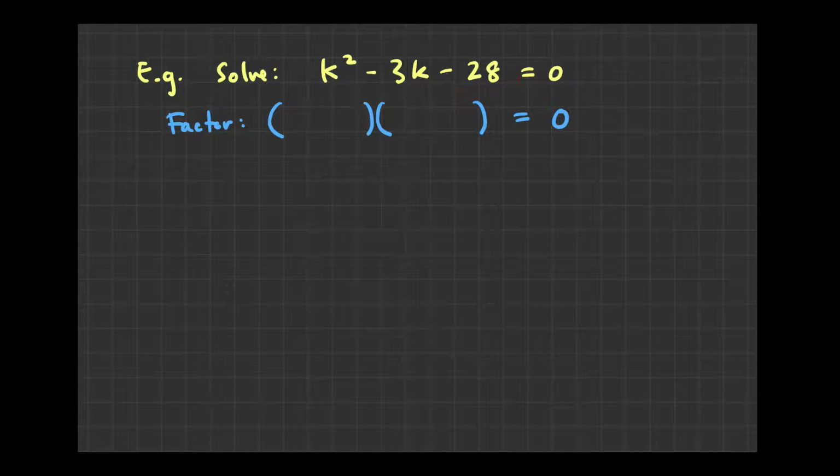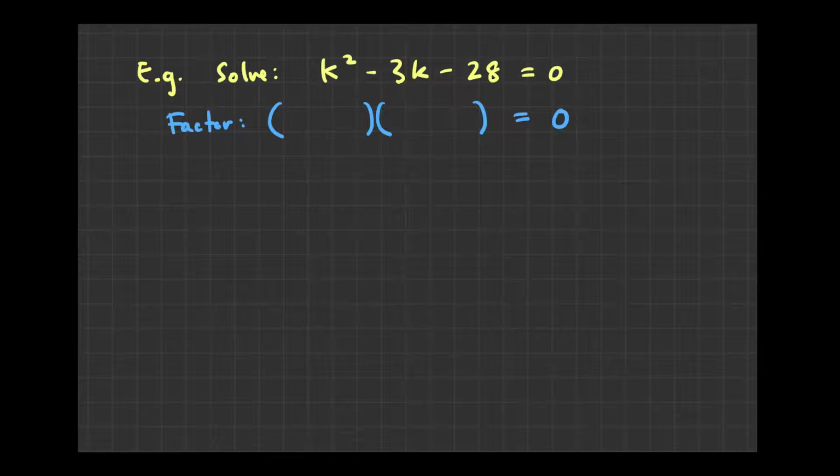Okay, and then their sum must be negative 3k, or I guess in this case, just negative 3. And so if the sum must be negative 3, then the negative one must be the big one, right? So among the two factors of negative 28, the big number must be negative, the small number must be positive, because when I add them together, I get negative 3, right?